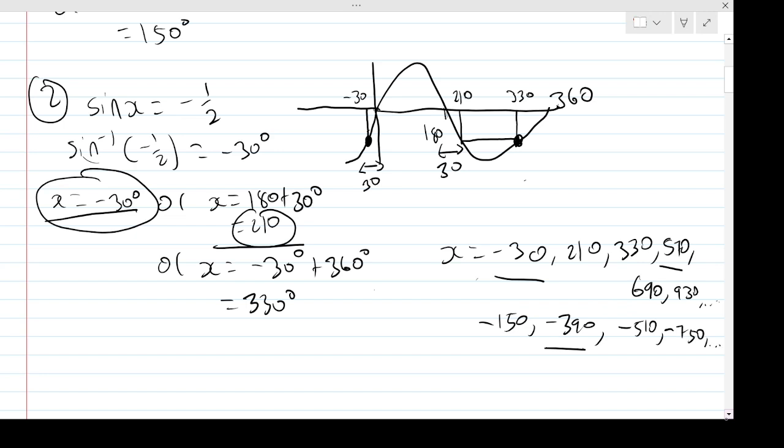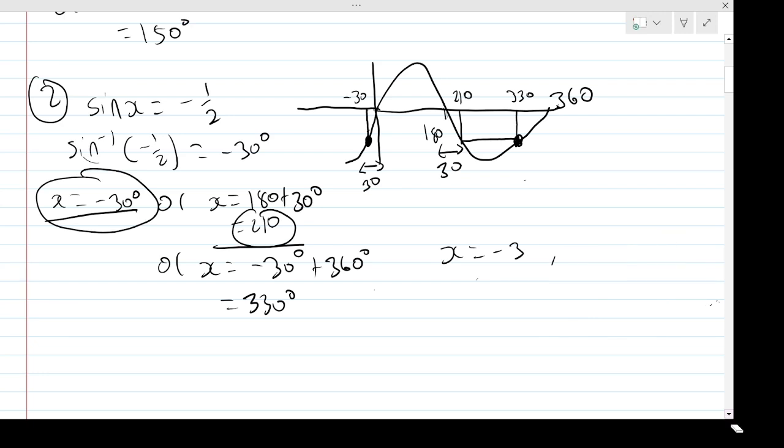And again, I'll keep getting more solutions by subtracting 360 as well from my numbers that I've got. So, the point here is, once I've found two solutions, I can then add or take away 360 to get other solutions, right? But yeah, so these are the solutions we can spot in this case, okay?